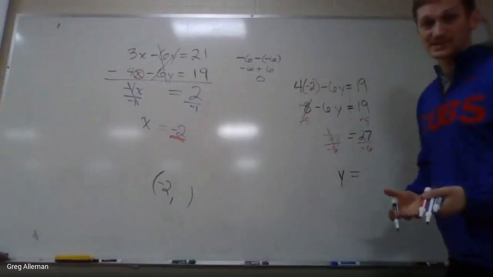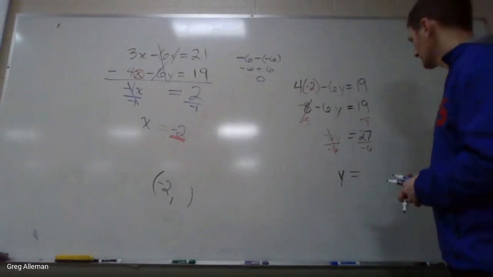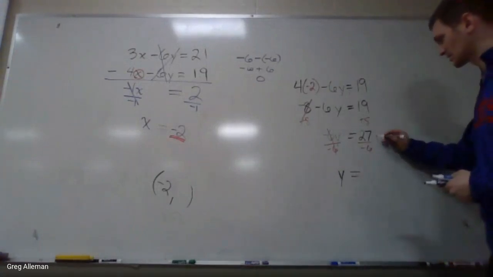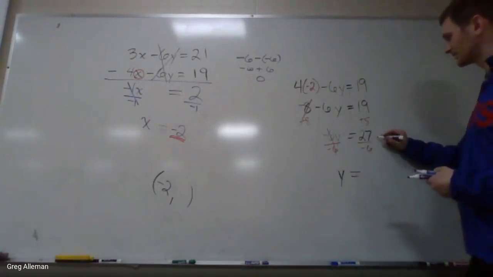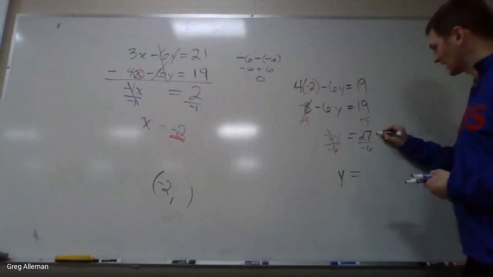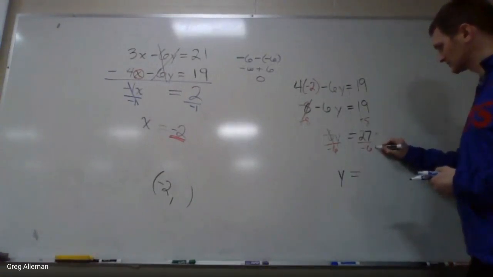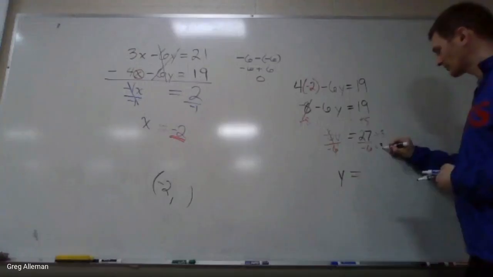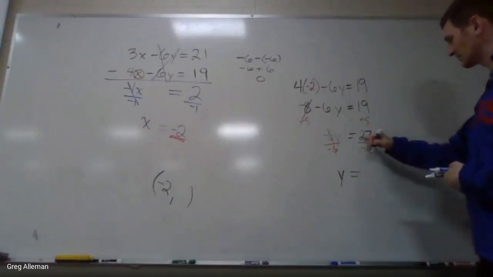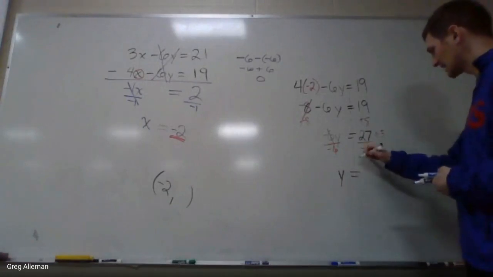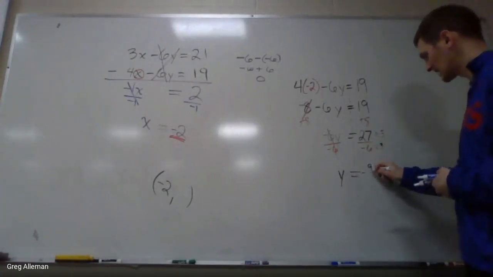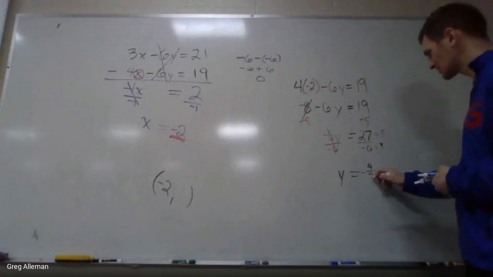If you made it into a decimal, it'd be some repeating number. So what I would like to do is let's just reduce that fraction. What can you divide both 27 and 6 by? 3. You can divide them both by 3, and that'd be 9 on top. Well, it's negative because of the negative, so I'm going to write -9 over 6 divided by 3 is 2.